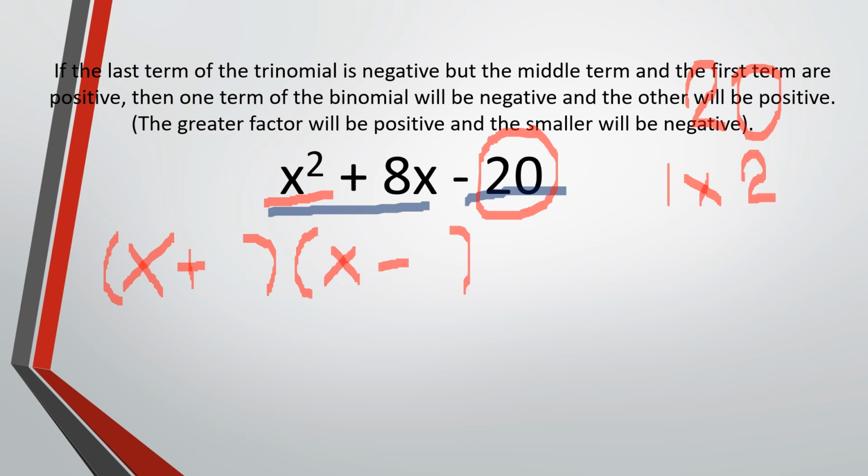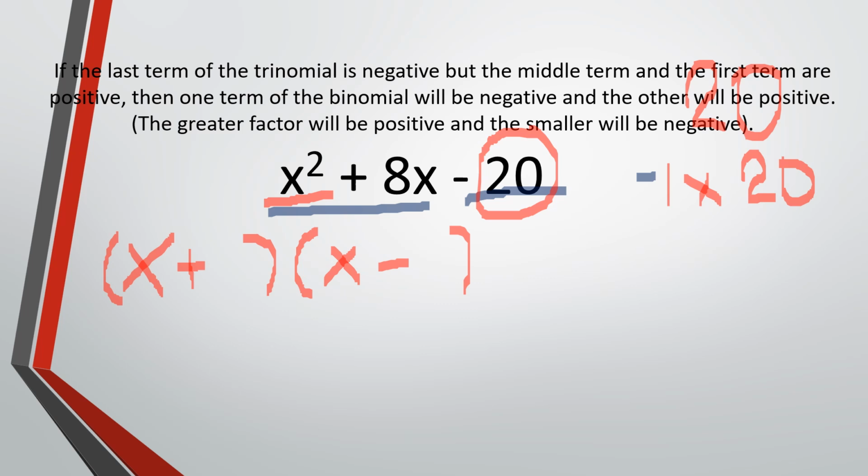Now, based on the given rule, the greater factor will be positive and the smaller factor will be negative. Now here, the smaller factor is 1 and the greater is 20. So let's make 1 as negative 1.